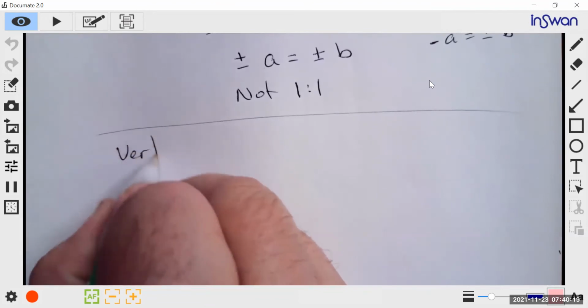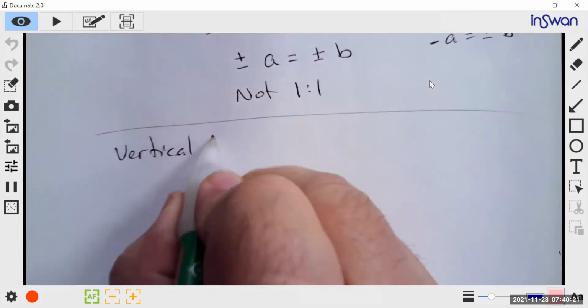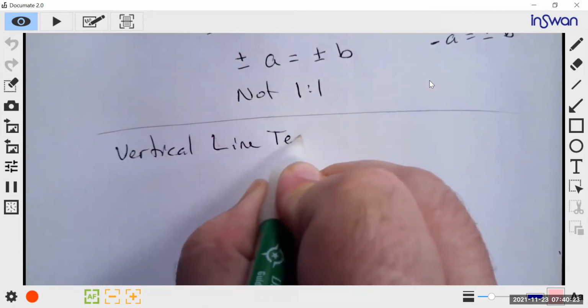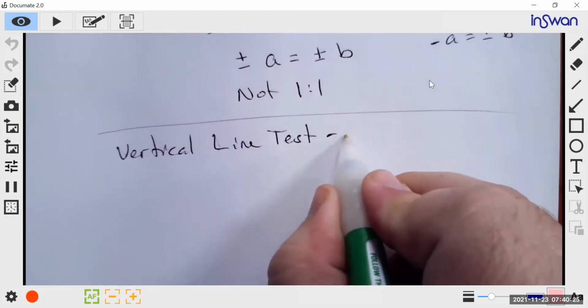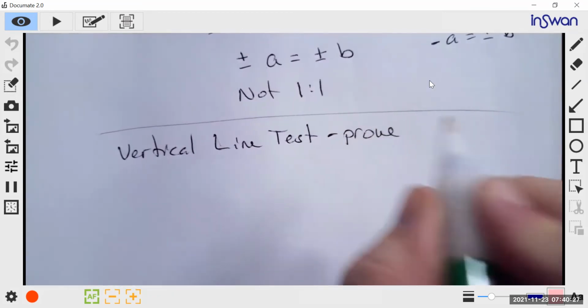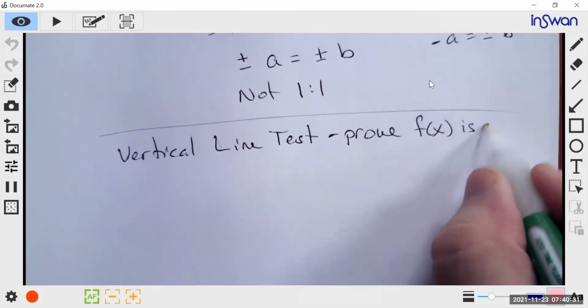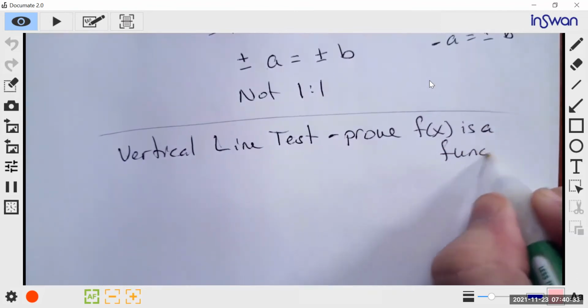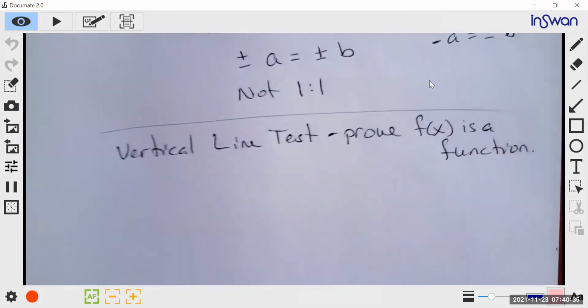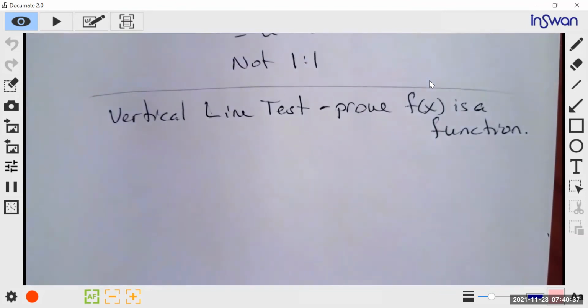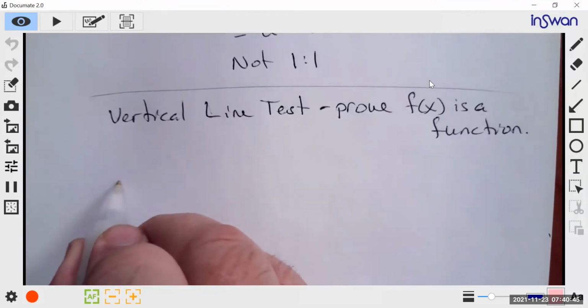Remember, we use the vertical line test to prove that a function is a function. Because if the vertical line crosses it more than once, it's not a function. So remember, we switch x and y, so we rotate it.